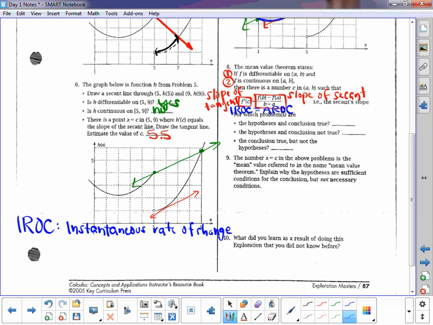And what's the calculus word for instantaneous rate of change? Derivative. So this is just our derivative, which again is the slope of the tangent line.